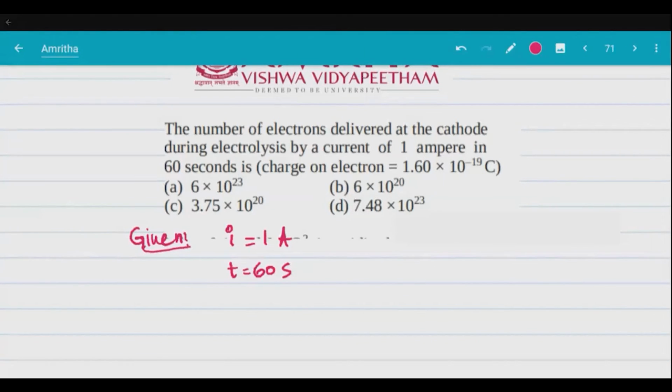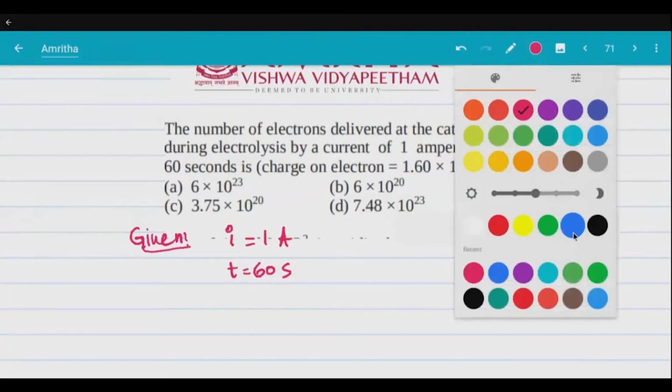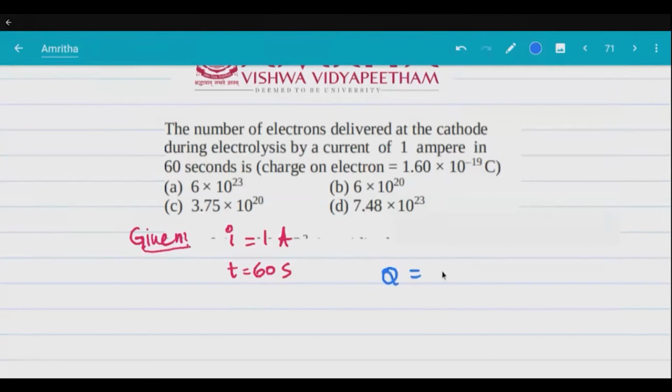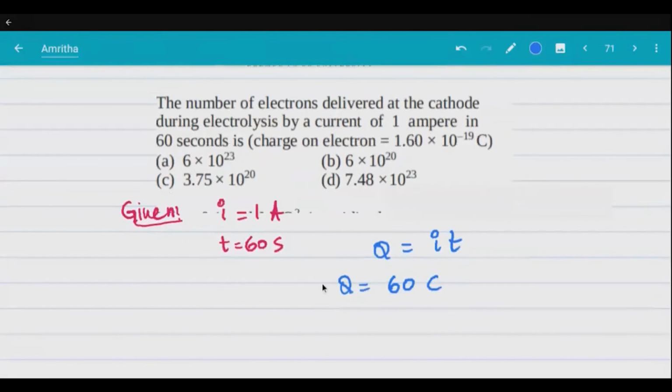Number of electrons they are asking, and what we know about this is Q is equal to I into T. So this will give us the charge. Q is equal to IT, and this is 60 coulombs. But what we know here is that one electron charge is given: 1.6 into 10 power minus 19 coulomb is one electron.